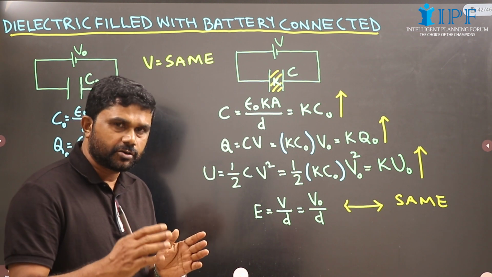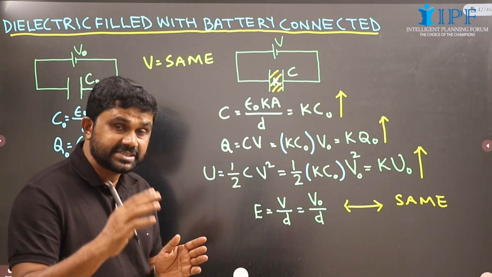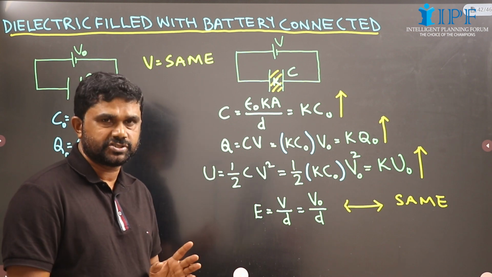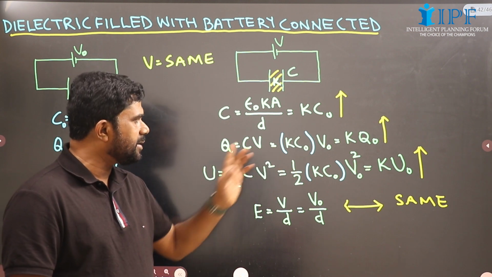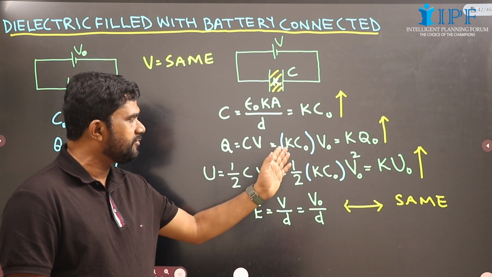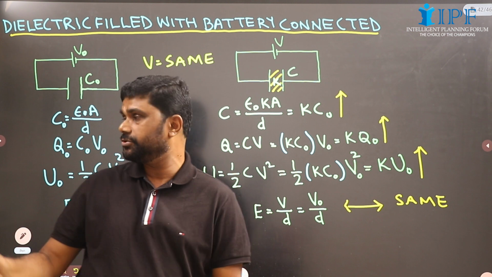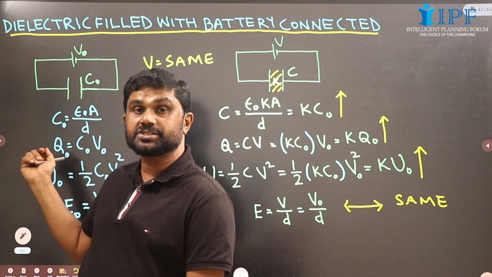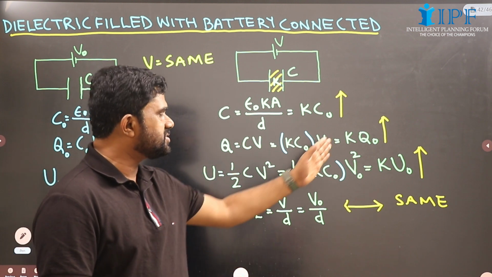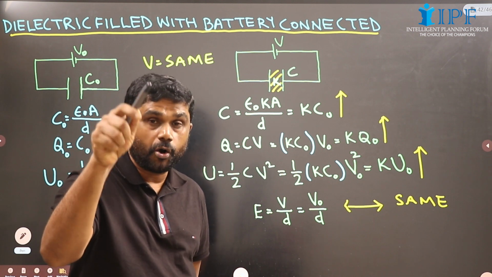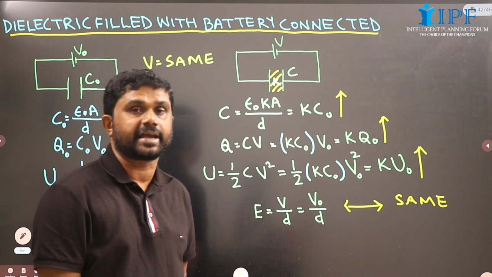The voltage across the capacitance is same as before, but the capacitance is increased K times. So C can be replaced by KC0. So we will get KC0 V0, in which C0 V0 is the charge initially stored in the capacitor. So this is equal to KQ0. So the charge stored in the capacitor also increased by a factor K.